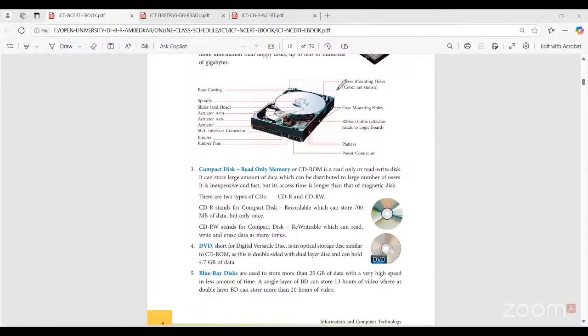If you take one hard disk, this is a hard disk internal component structure. If you understand in depth about all these components, our time will not be sufficient. That's why I am discussing at a very high level. Based on your interest, you can go through all these topics in depth.